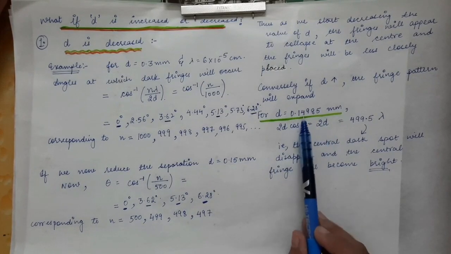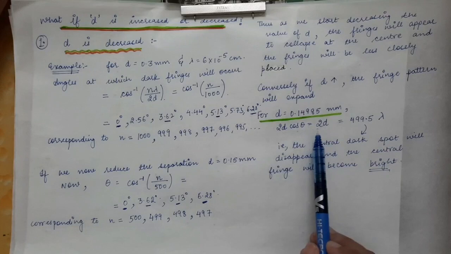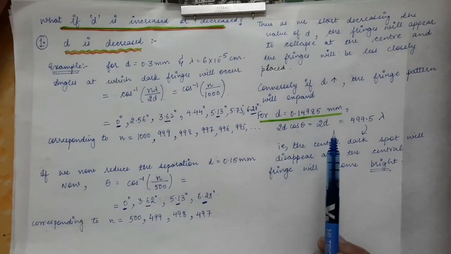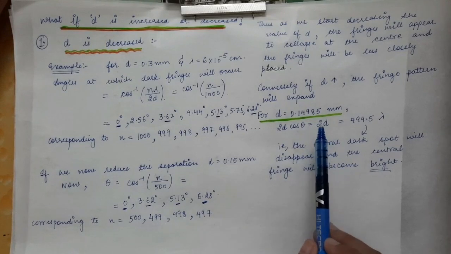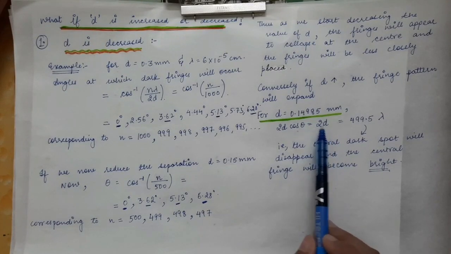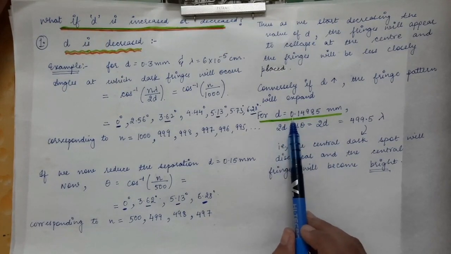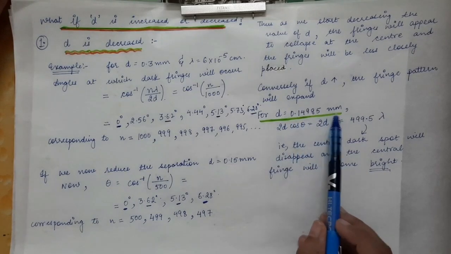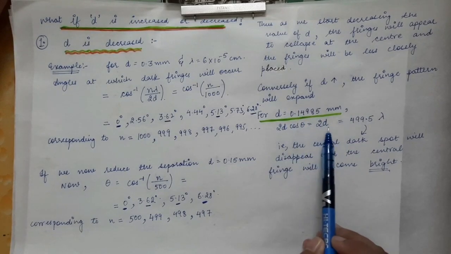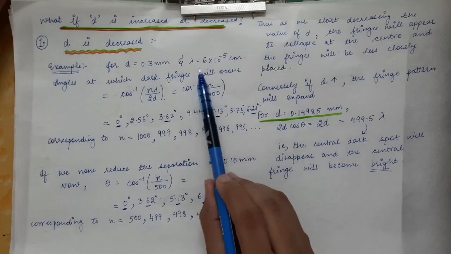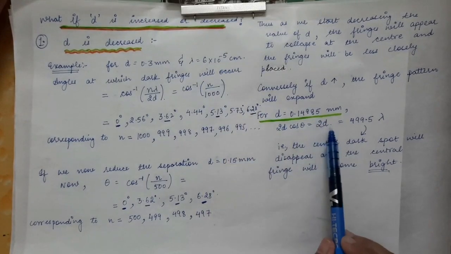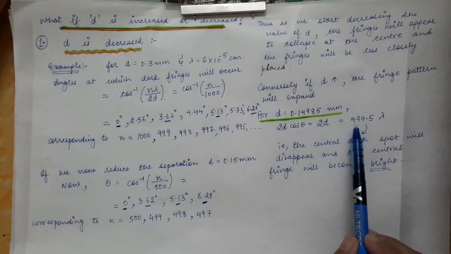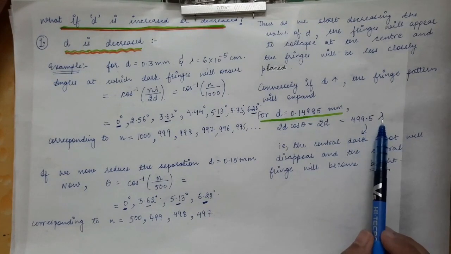So in that case, what will be 2D? We are considering only the central fringe. 2D will be equal to 2 times the distance D, which is 0.14985 millimeter. So when you evaluate 2D and you know the value of lambda, you will see that 2D comes out to be equal to 499.5 lambda.